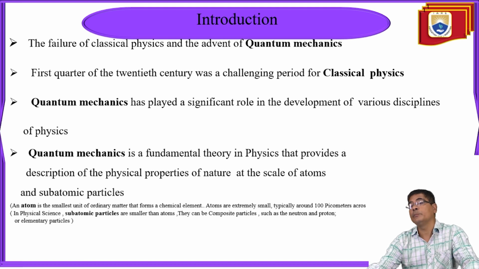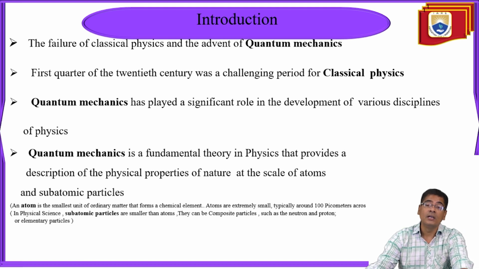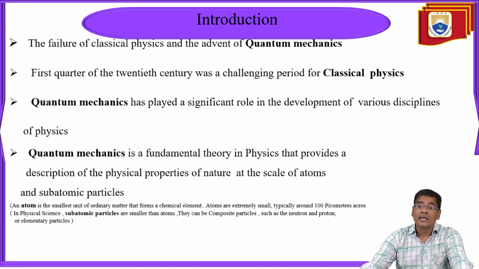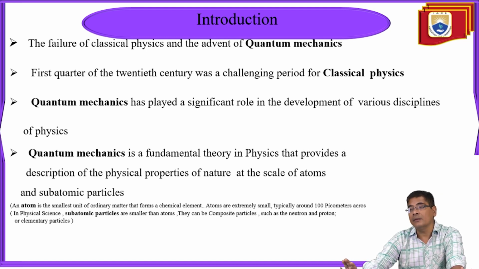That's why it became a challenging period for classical mechanics. There were certain topics where classical physics was unsuccessful in explaining them, and that is the reason quantum mechanics came into existence.